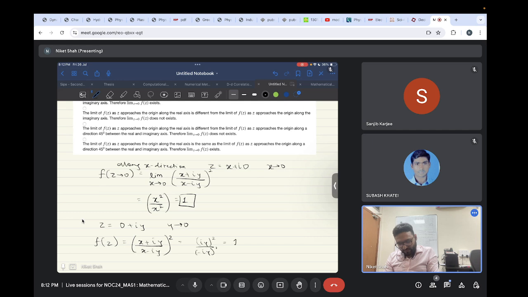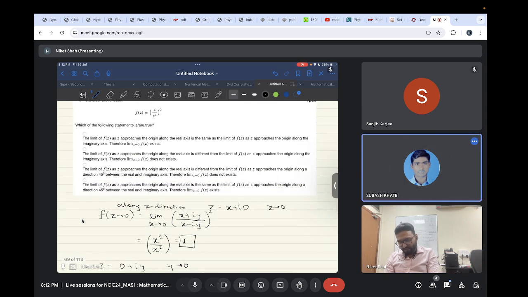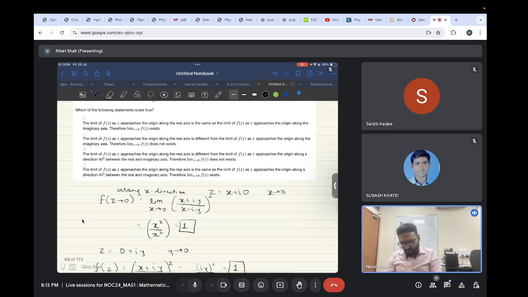Even this comes out to be 1. So you can see that along both these directions, the limit is the same. So the first statement comes out to be true. Actually, saying that the limit as z tends to 0 exists is an extension. Let's not claim that right now. But along both the directions, the limit is the same.